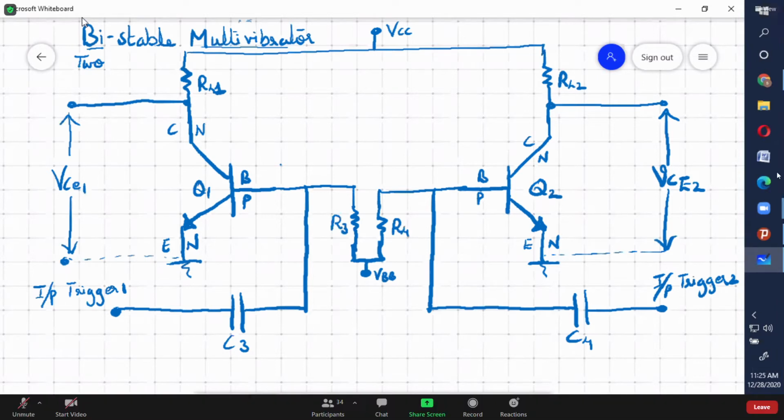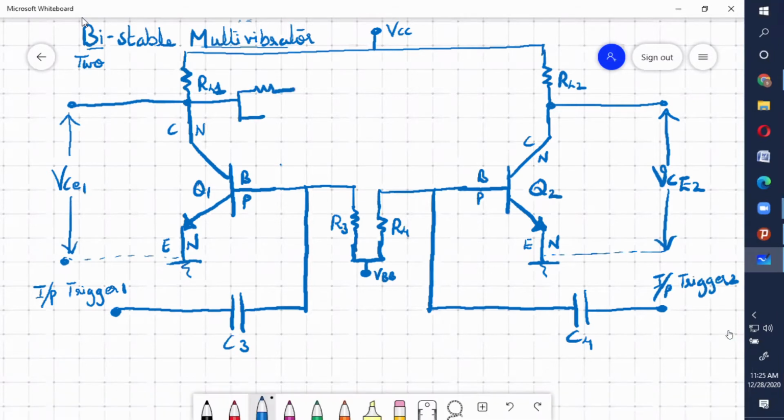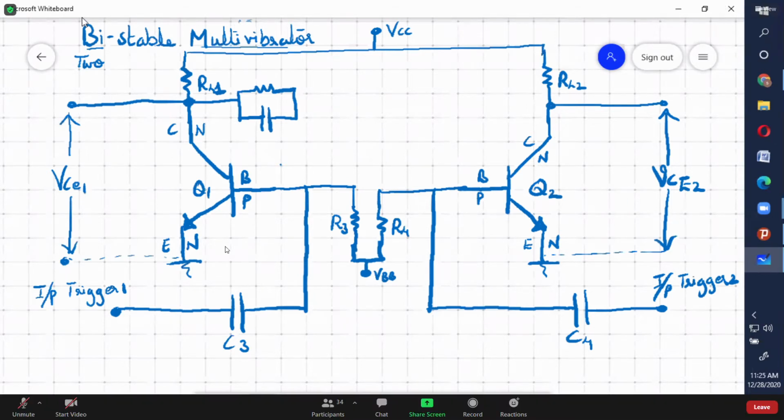Students, have you finished copying that? So the output at this point is also connected to the base of this one.